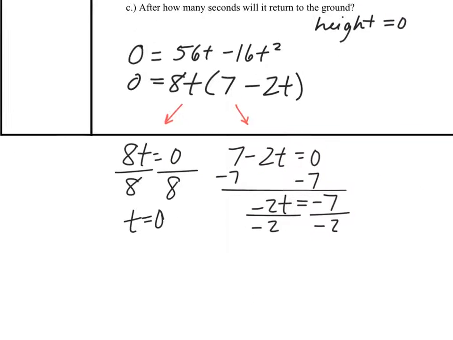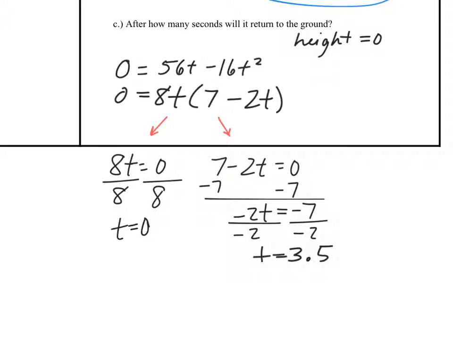You get two options. You get the time, so when will it return to the ground? Will it return to the ground after 0 seconds or after 3.5? Which one actually makes sense to answer the question? 3.5. The other x-intercept is where it started.